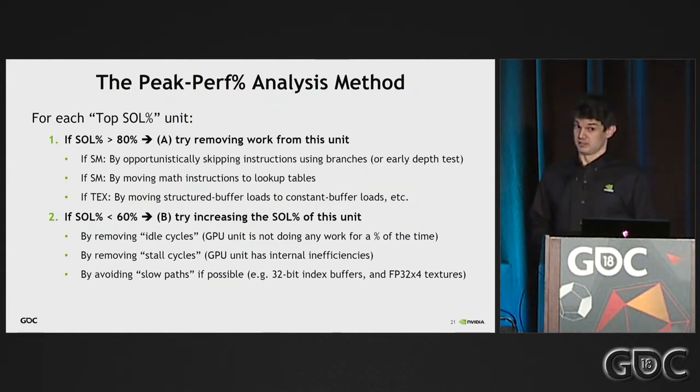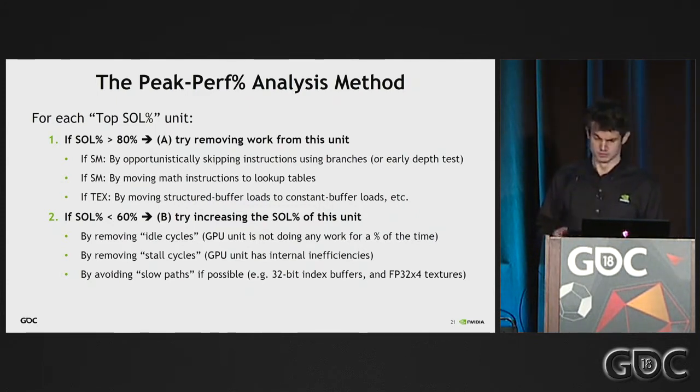Or there can also be so-called slow paths, which are cases where the SOL percentage is low by design for the particular kind of work that you're doing. It can happen, for example, if you're using 32-bit index buffers, because 32-bit index buffers on our architecture are not the fast path, and the fast path is 16-bit.